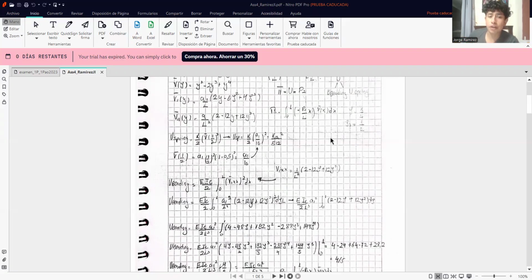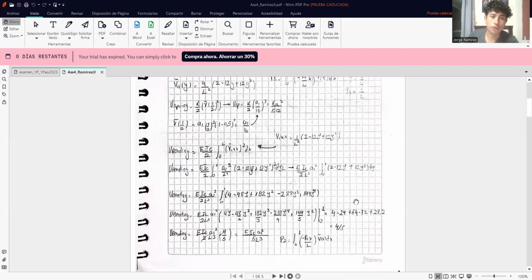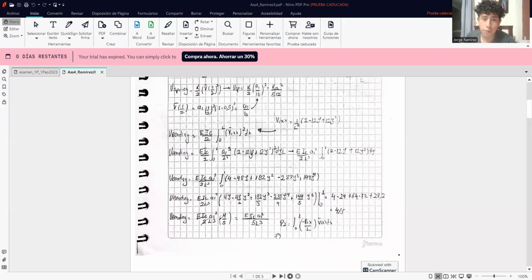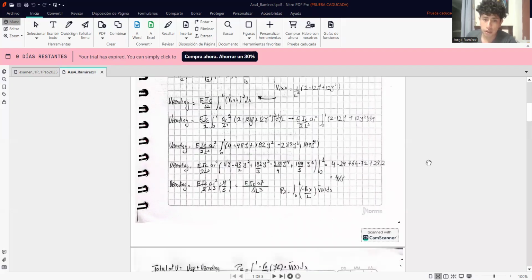You need to make another process for the U of the bending, proposing an integral, in this case with double deflections. And after you make all the process, you will have the other value of the beam. This case is the last one in this part.